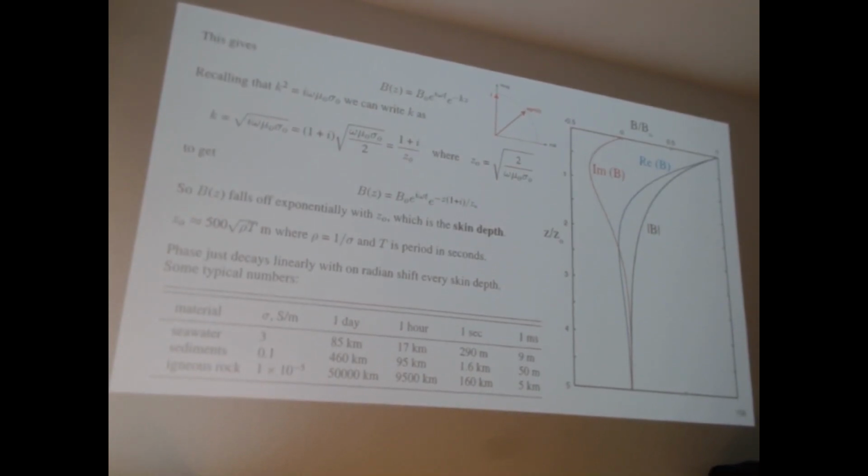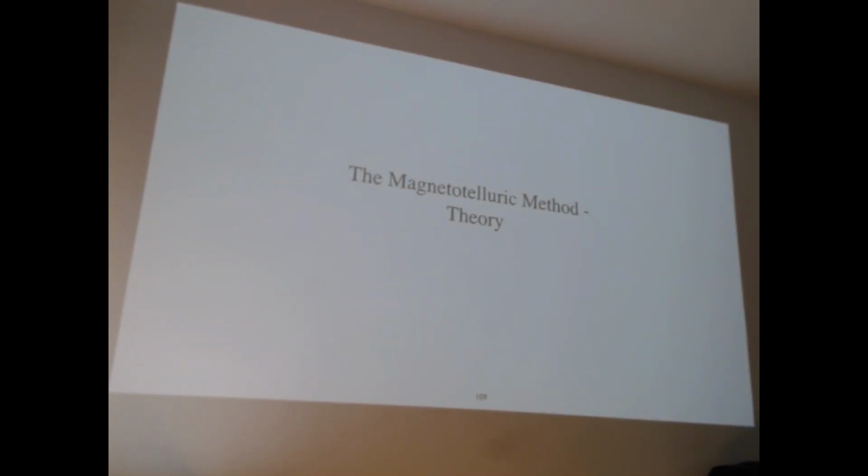The measurement at the surface of the Earth doesn't tell you what's going on inside the Earth. For that, I need to know the conductivity and know the frequency. So the measurement of the magnetic field doesn't tell you anything about what's happening inside the Earth. If I measure the electric field as well, then I get to this.